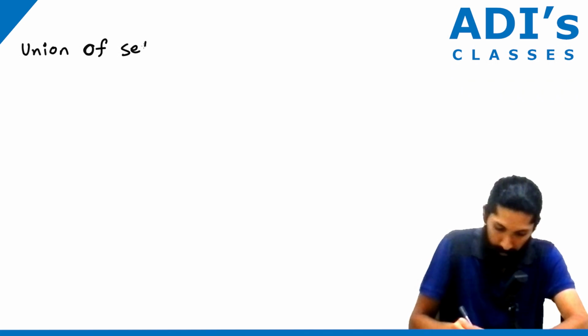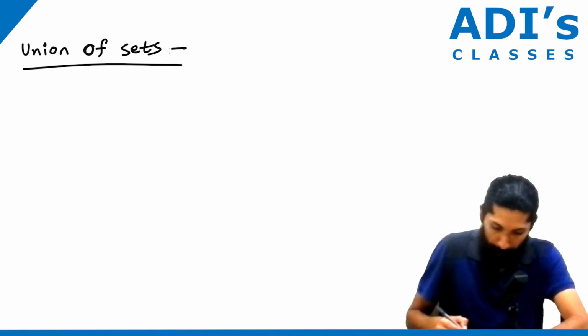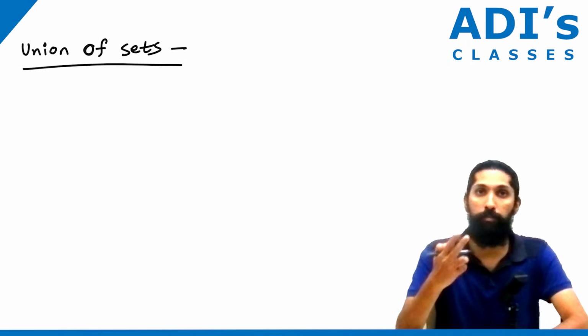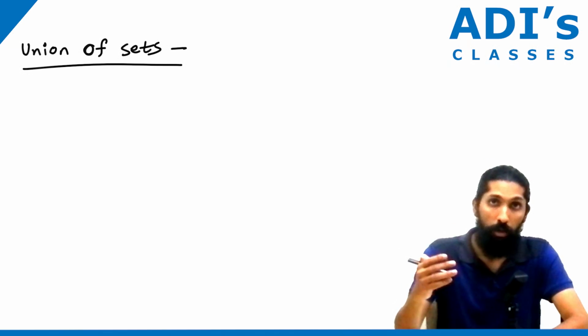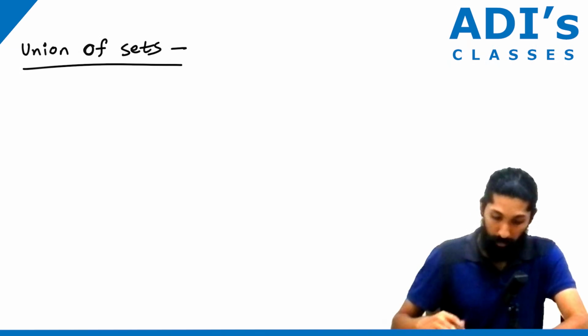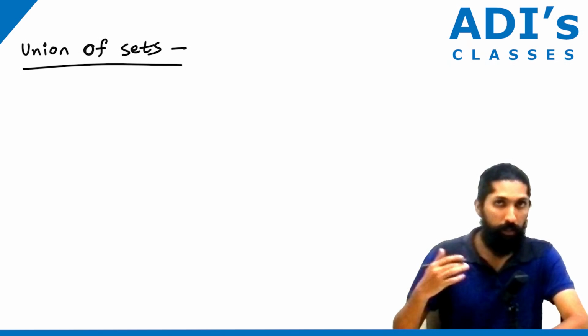Whenever we talk about union of sets, there have to be a minimum of two sets. You can have n number also, but minimum you need two. So suppose we have two sets. Let's start with an example.